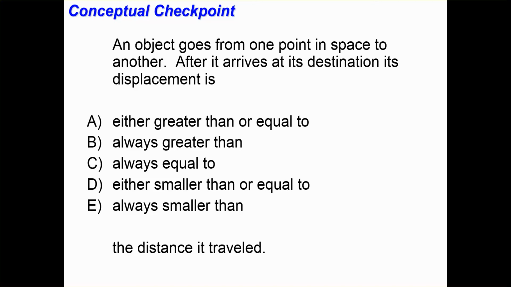Consider that displacement is the difference between the ending point and the beginning point for an object, and distance is the total path length traveled. Consider that difference between those two quantities and see what you get for an answer.